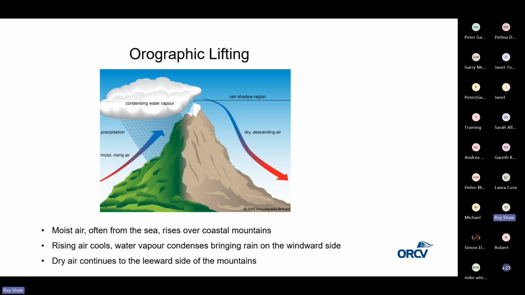And then on the other side, as you go into the inner parts of the South Island, it's much drier. So orographic lifting is a very important mechanism for lifting of wind and producing rainfall and, of course, clouds over the windward side of that flow.